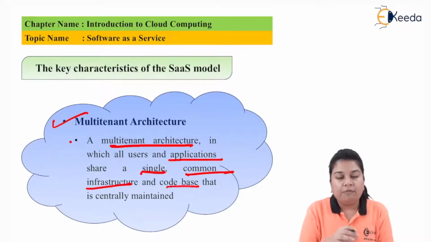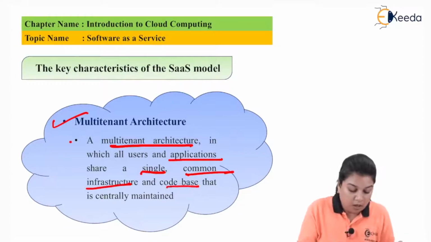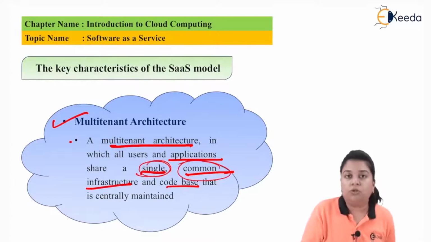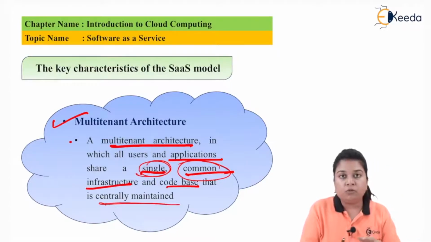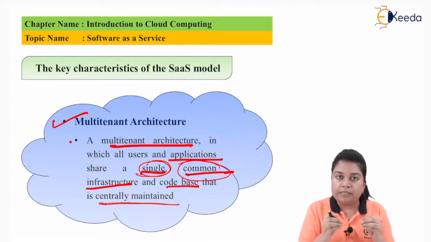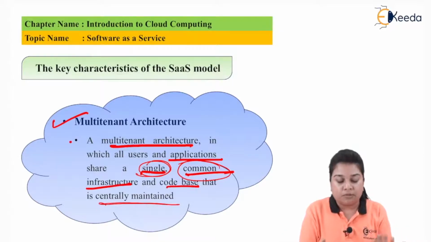That means if I am accessing a particular application, simultaneously many users are accessing it, so they can access that single common infrastructure and code base that is centrally maintained, which is not bifurcated to other situations or locations, but is centrally maintained and accessed by multiple users.